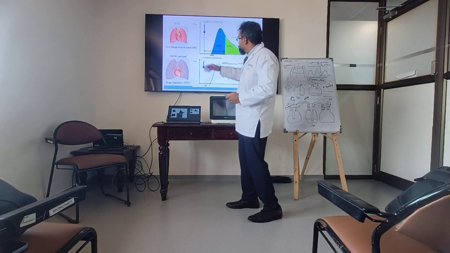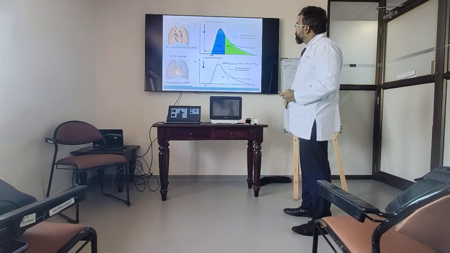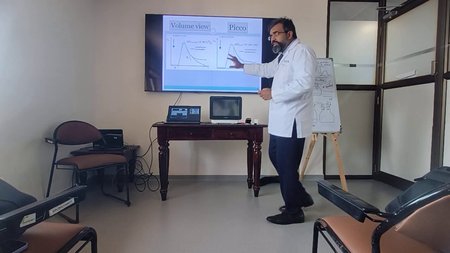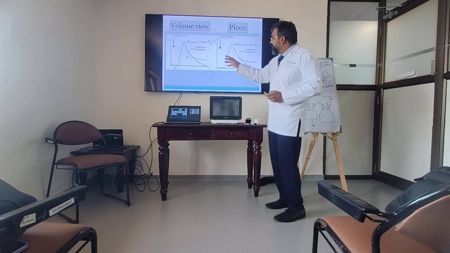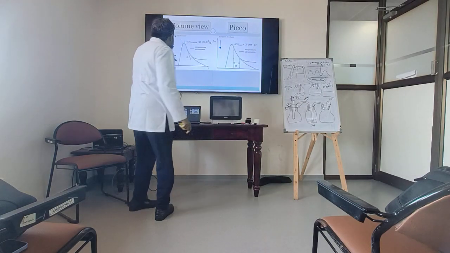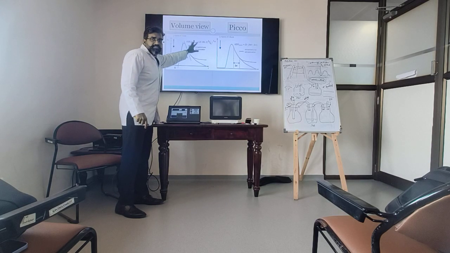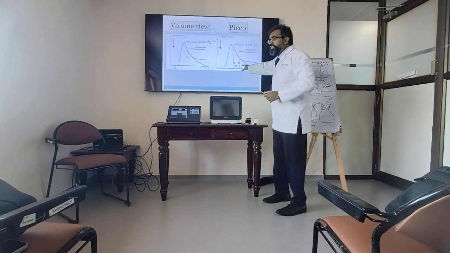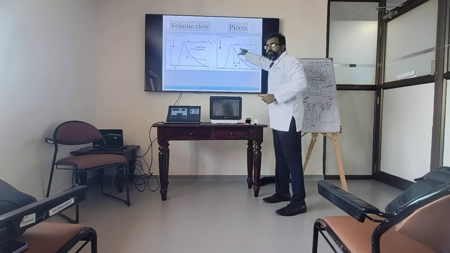So global end diastolic volume. Intrathoracic thermal volume, global end diastolic volume. We understood this much, right? So this is the difference in the way it figures out the algorithm. Here it finds slopes S1 and S2, and with the slopes it gives you all these things. Whereas here it does something very different, called DST, downsloping time, and with downsloping time it gives you the global end diastolic volume.